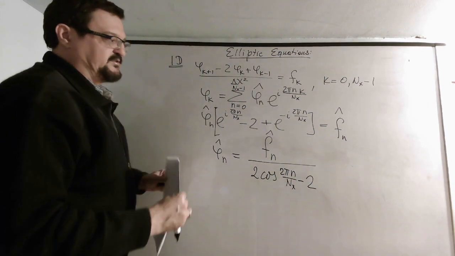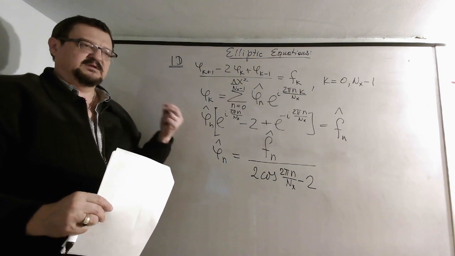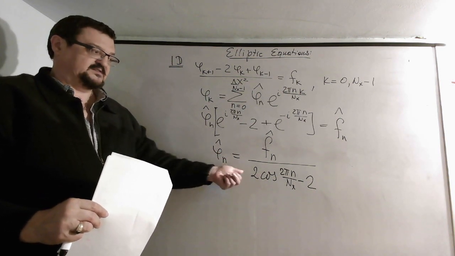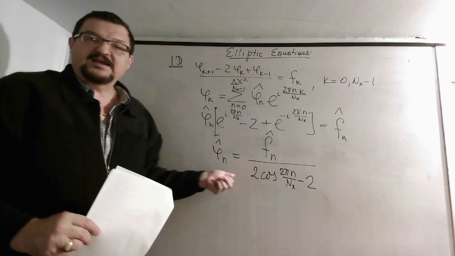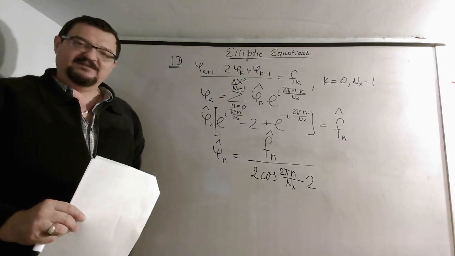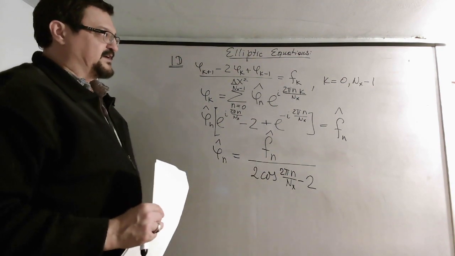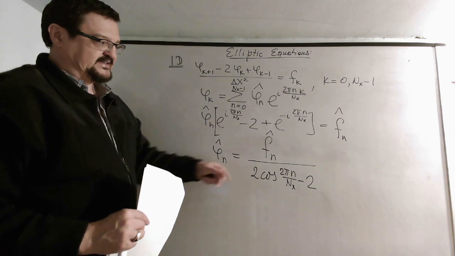Remember before that we had a wave number k square in the one-dimensional case. So this is our finite difference representation of that coefficient. So you see now we have cosine. In the continuous case it wouldn't be cosine here, but in this finite difference approximation we get this.